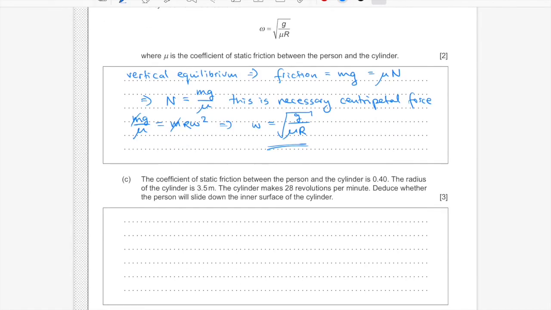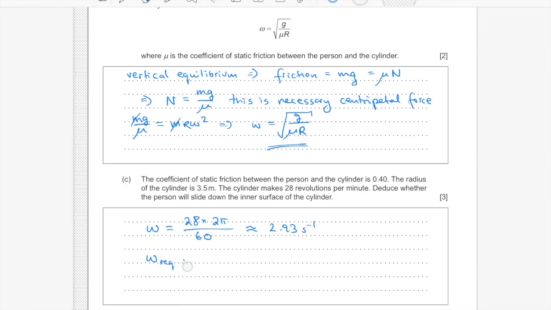Now we are given some values, the radius and the coefficient of friction, etc. 28 revolutions per minute is a speed. The angular velocity is 28 times 2 pi radians over 60 seconds, because it's the rate of change of angle, delta theta over delta t. 28 revolutions means 28 times 2 pi radians, and that happens in 60 seconds.